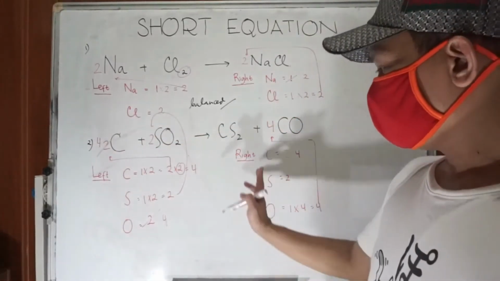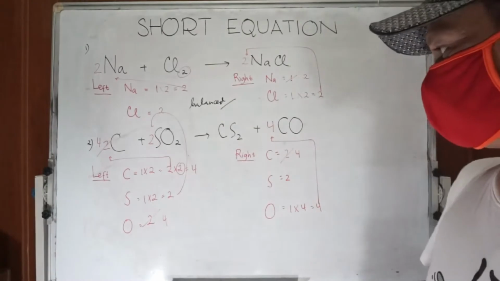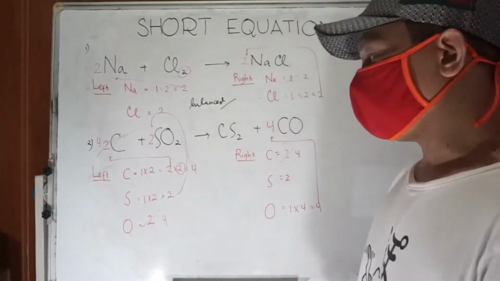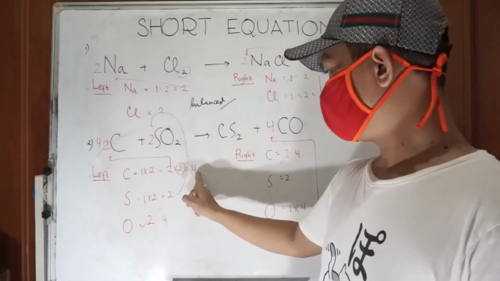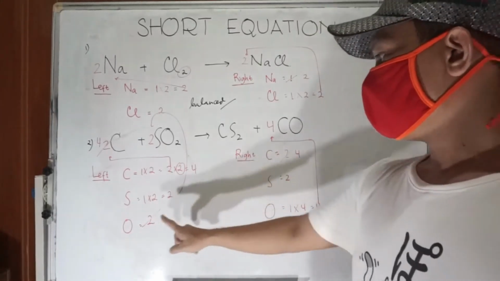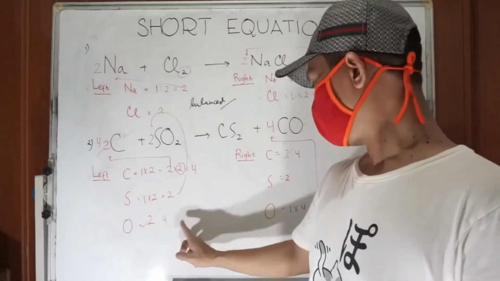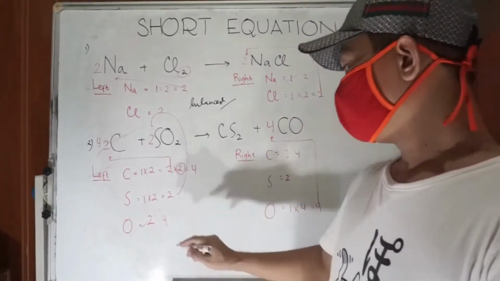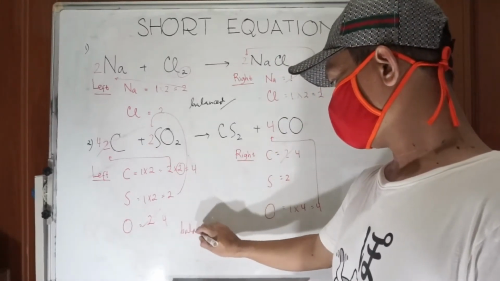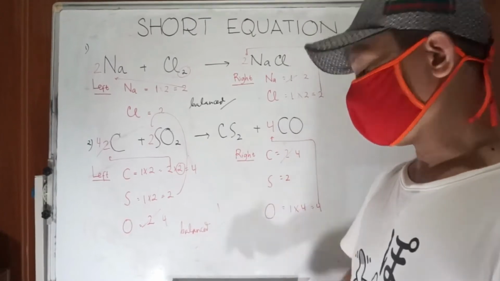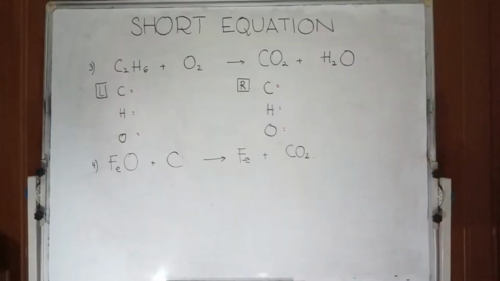Right? Now, you're going to adjust the position, the composition of all the elements. Carbon 4, carbon 4. S2, S2. Oxygen 4, oxygen 4. So, balance. Okay, student, is it right?